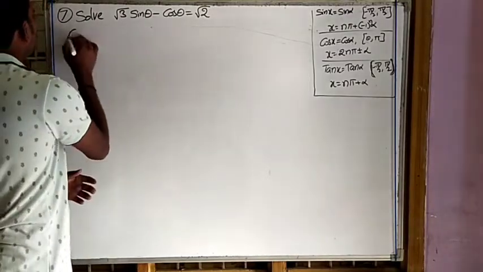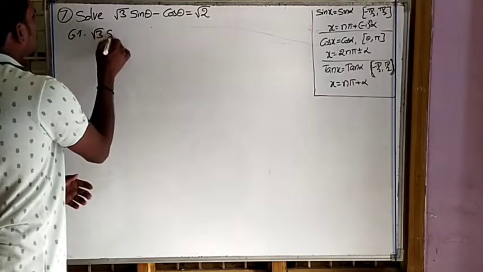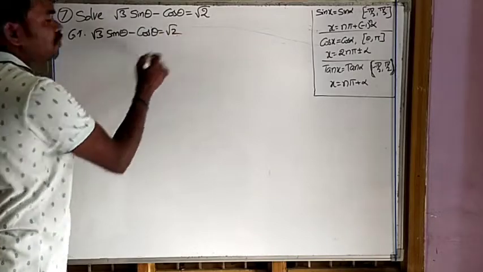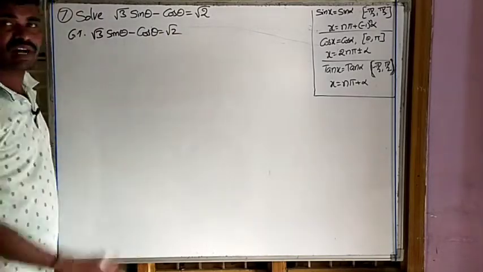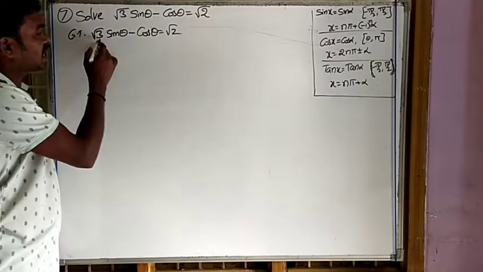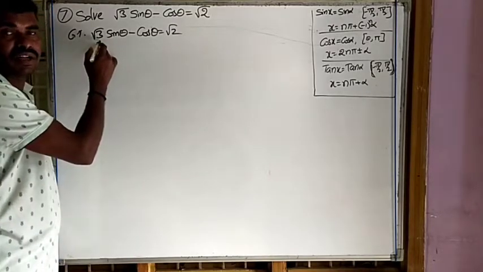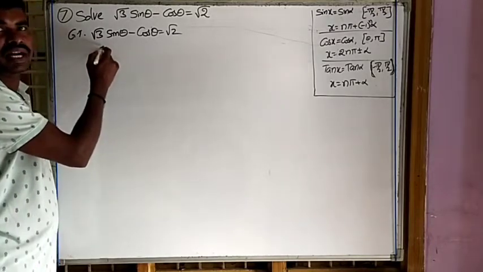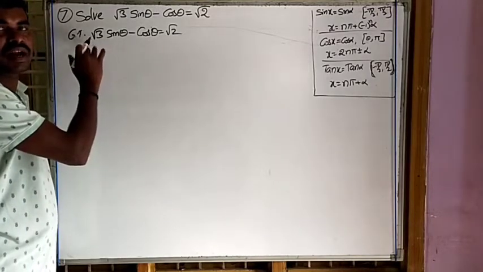So how to solve? First take the given: root 3 sin theta minus cos theta is equal to root 2. First we should simplify this by using trigonometric terms. Here, for root 3 there is no value of sin or cos. If it is root 3 by 2, then we can express it in sin or in cos.